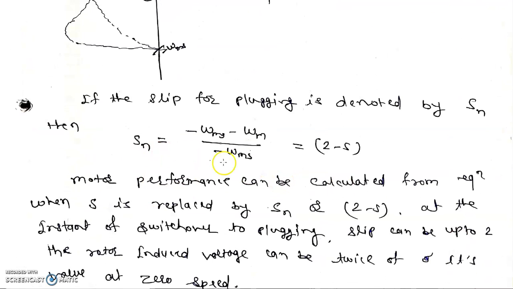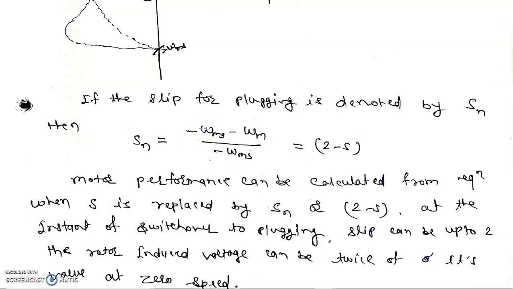Whenever the rotating field becomes reverse, omega ms will become negative. This is the difference between regenerative braking and reverse voltage braking. In regenerative braking, the slip will become negative, while in reverse voltage braking, the synchronous speed omega ms will become negative.